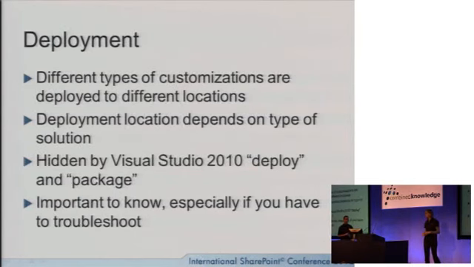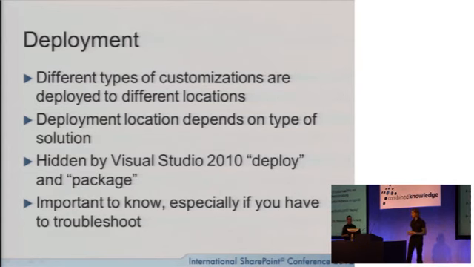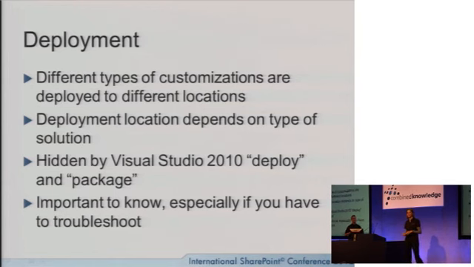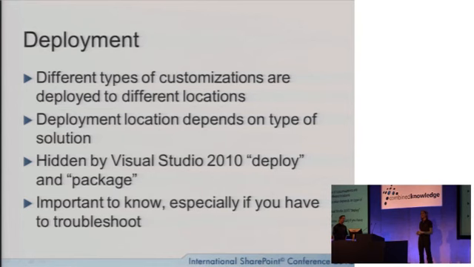If you're using a sandbox solution, all your files will be deployed into the content database, and none of it will be deployed on the file system, because that's how sandbox solutions are built. They're not supposed to touch anything except the site collection that you're in. So it really depends on what type of solution and customization you're building, and you need to know where files are going if you ever want to troubleshoot anything.